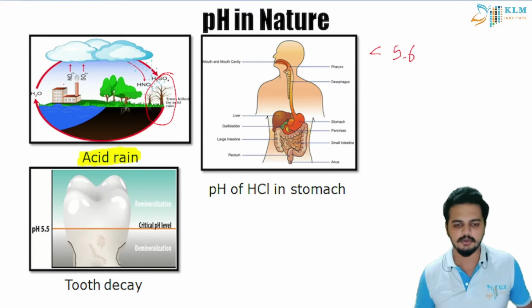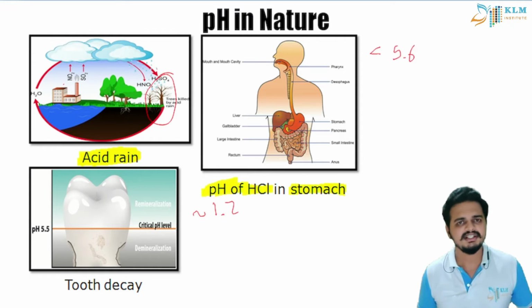Also, if you studied in biology, the pH of HCl is very low, approximately 1.2 pH. Where is it produced? It is produced in the stomach.